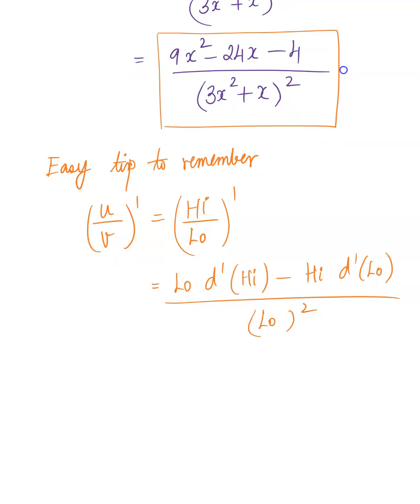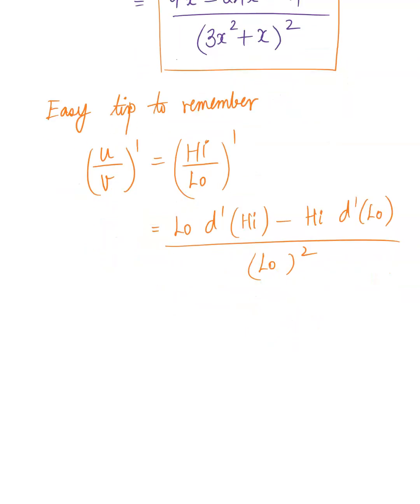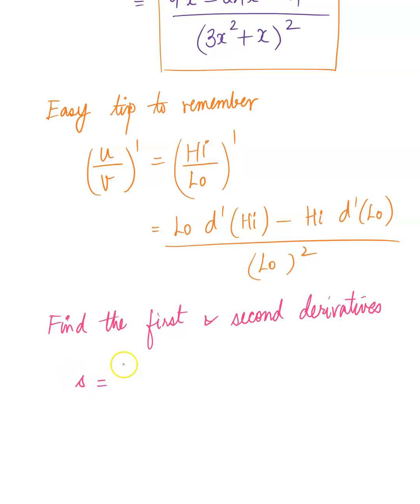All right, class. We'll look at another example now. Find the first and second derivatives, and we're given s equals t squared plus 5t minus 1 all over t squared.